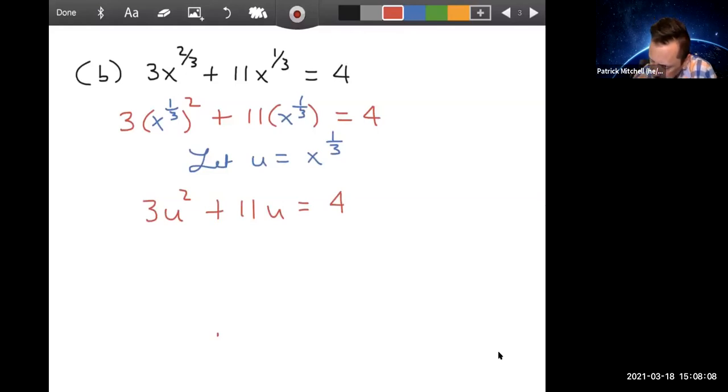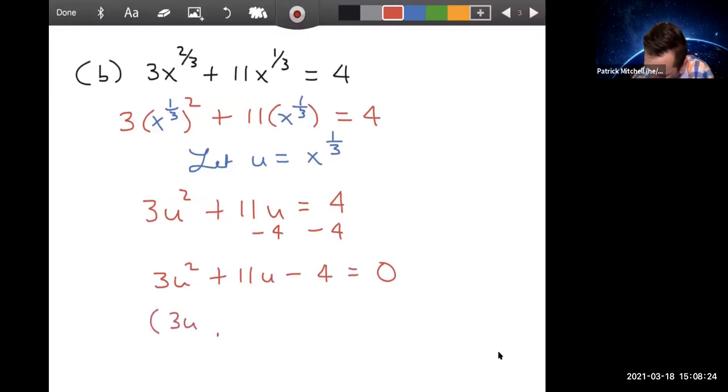So I'm going to put it in standard form by subtracting 4 from both sides. And I'm pretty sure that this is another one that we can solve by factoring. How about 3u and u? 4 here, 1 here, plus here, minus here, right?